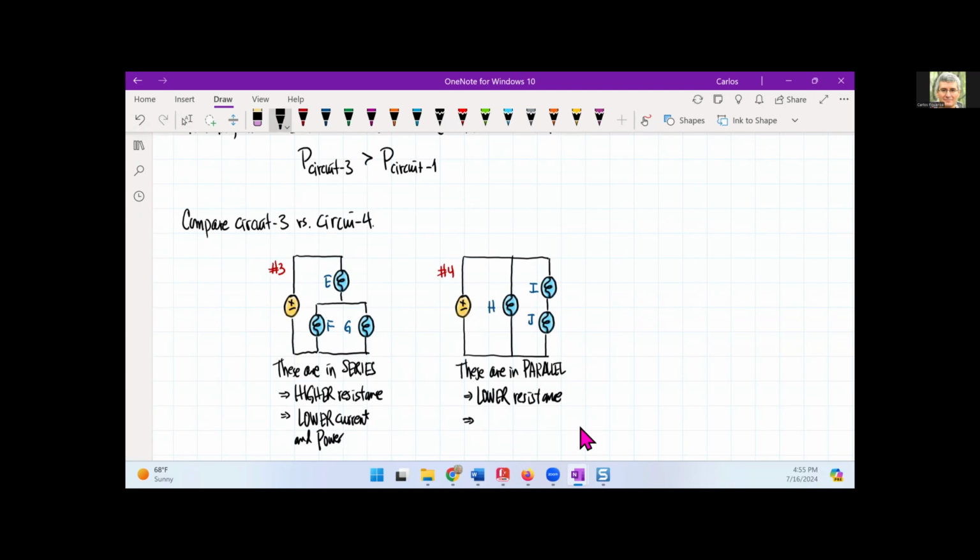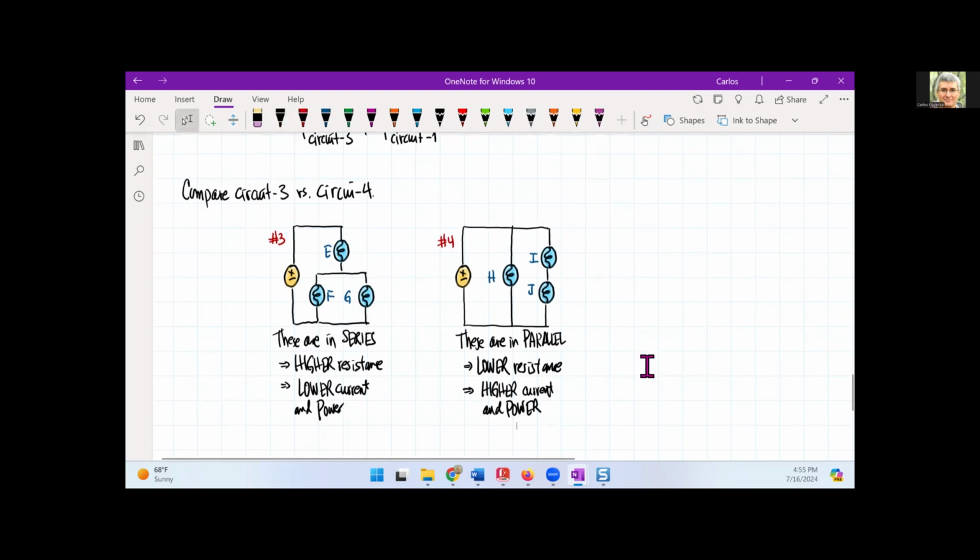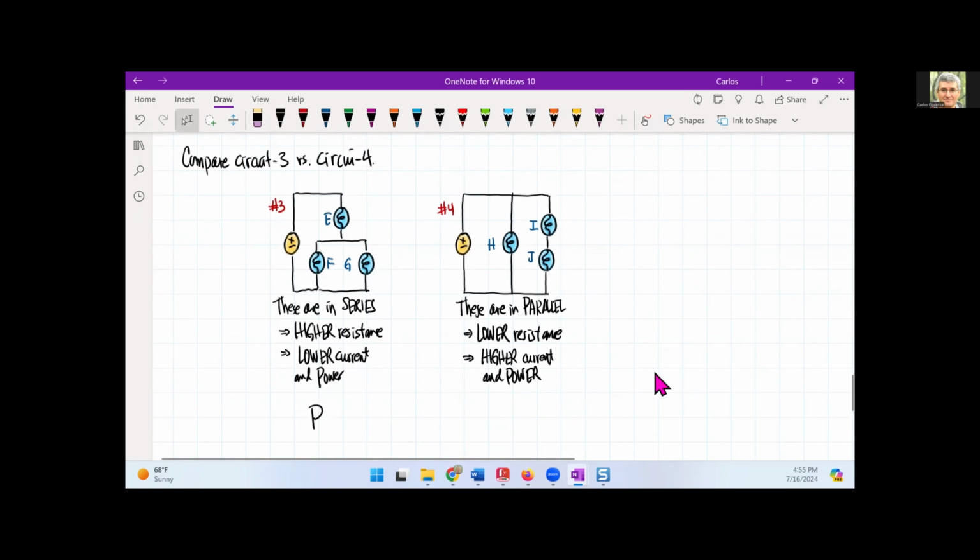This one will have a higher current and power. So in other words, this is telling me that the power of 4 is greater than the power of circuit 3.